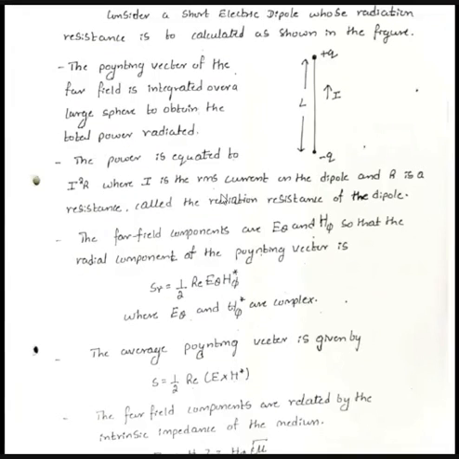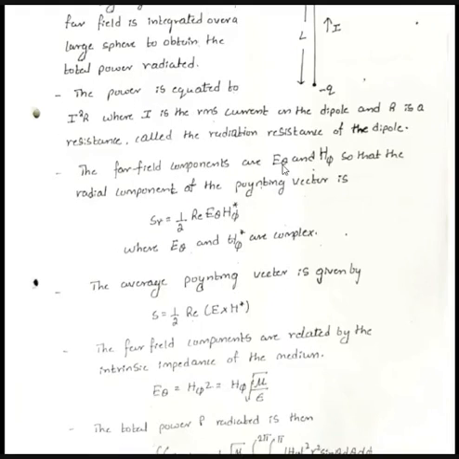So what about the far field components relating to this short electric dipole? We have electric and magnetic field both here. In one particular direction we have the electric field in the direction of theta and the magnetic field in the direction of phi. If I want to represent this in terms of the Poynting vector, both magnitude and direction, then the radial component is given by S_r is equal to half the real part of E theta and H conjugate phi.